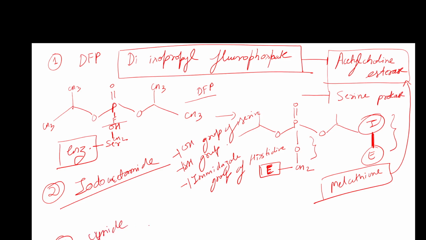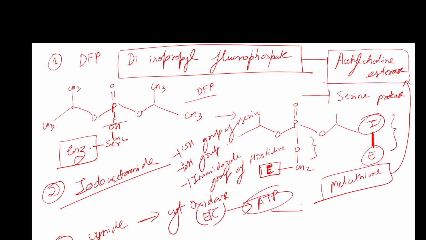So cyanide inhibits the cytochrome oxidase enzyme of the electron transport chain, and thus affects the ATP production, and thus all the downstream physiological processes will be affected. So cyanide is also an irreversible inhibitor.